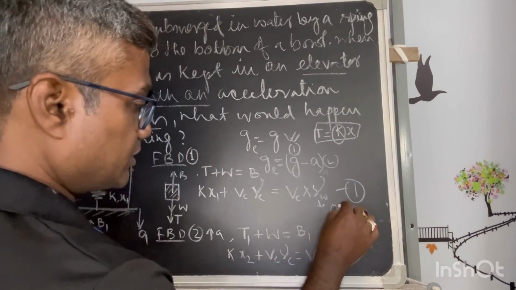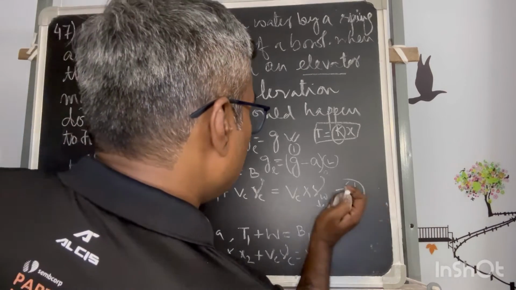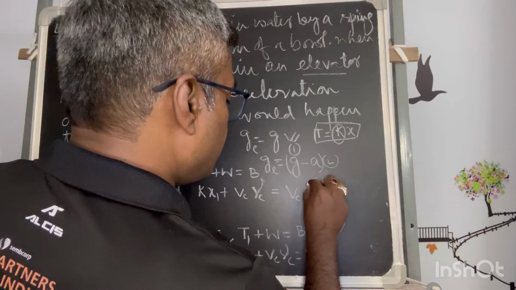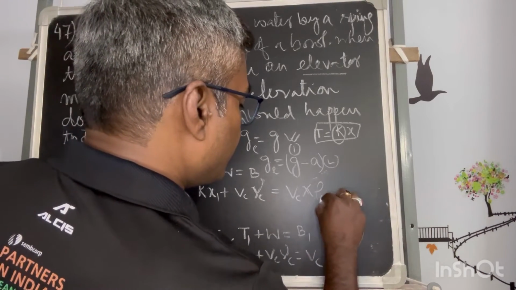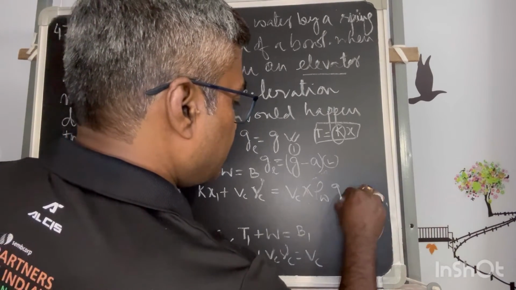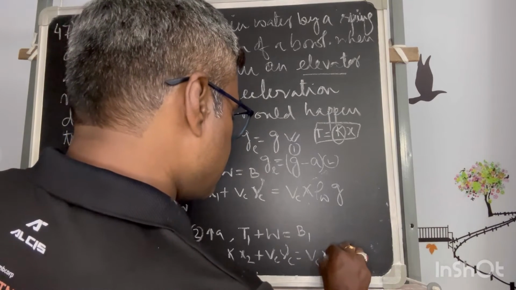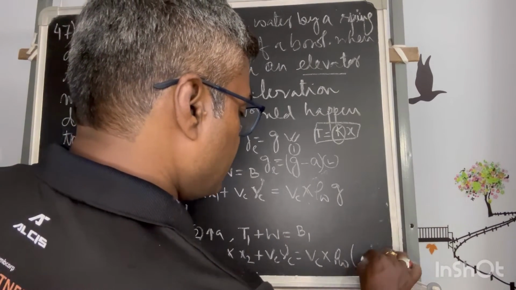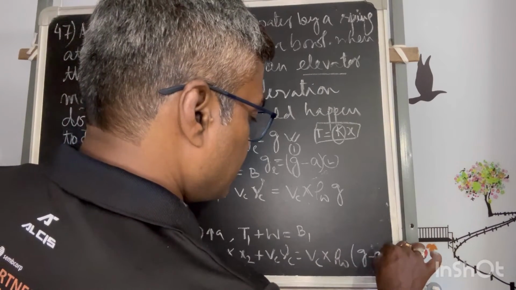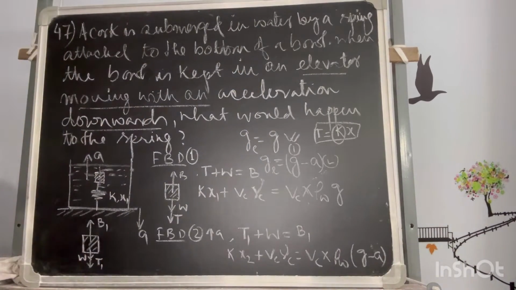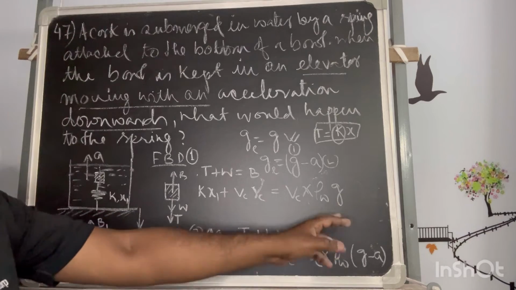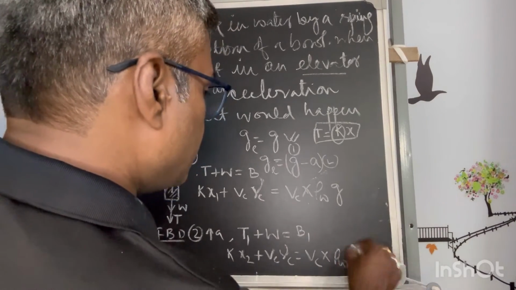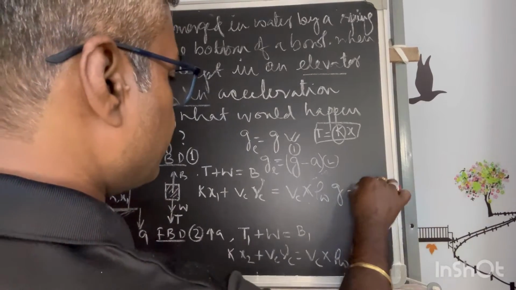So for this case, I will better write volume of cork, rho of water, and g. In the second case, rho of water is the same, but g will be g minus a. So this is the thing that is changing, g effective. Now this is my second equation, and that was my first equation.